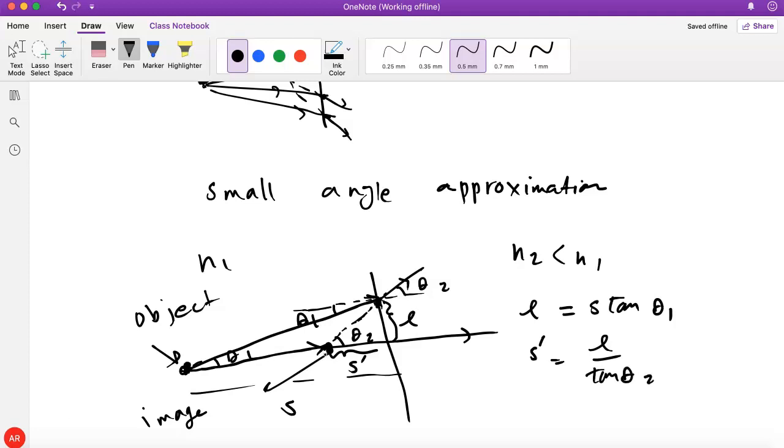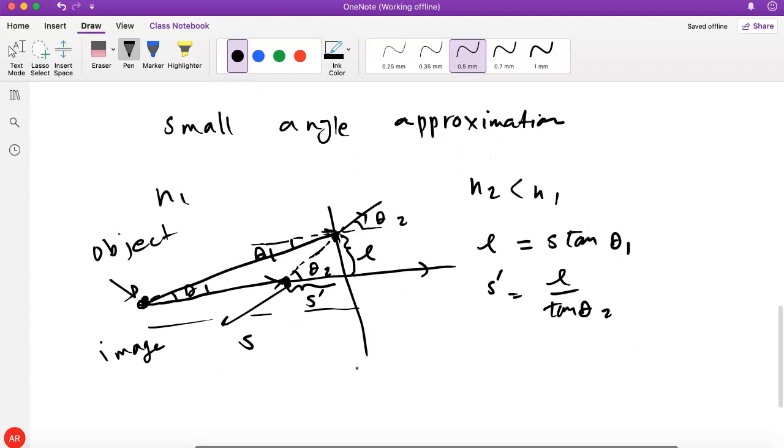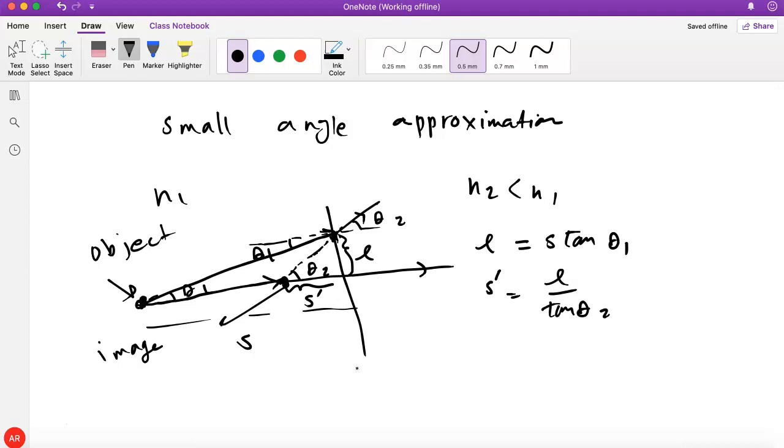Tangent of theta 2 is going to be L over S prime. So that implies that S prime is L over tangent of theta 2. Okay, so if I eliminate L, I find S prime is S tangent theta 1 over tangent theta 2.